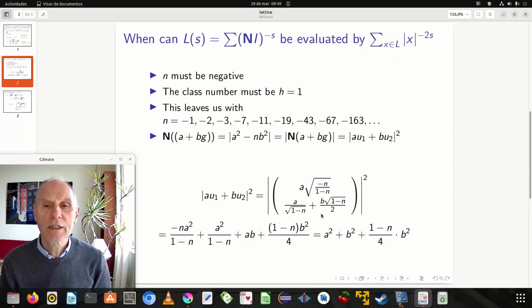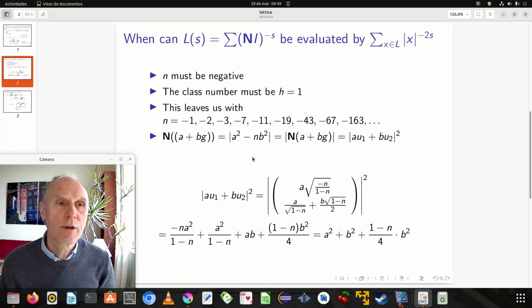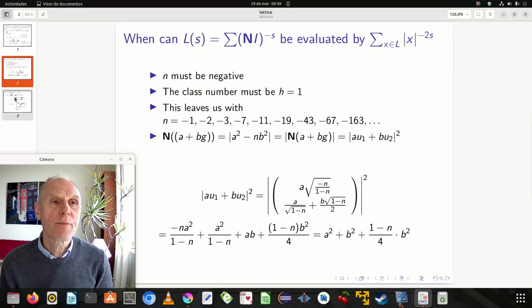That's what we get, a and b. And then this one squared and the other one squared. These two guys add up to a squared. And this should be ab, little mistake. And then 1 minus n fourth. So that's just an algebraic verification.